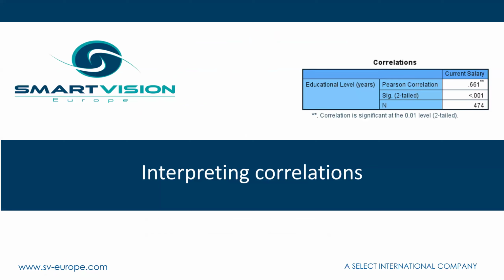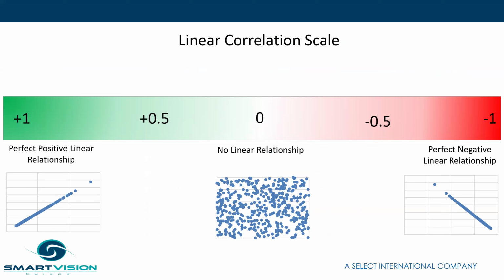Now, when it comes to interpreting correlations, here we're talking about correlation coefficients, the actual correlation number. It's really important to understand that it exists on a scale that runs from +1 to -1, and you can't get numbers outside of that scale. The nature of the correlation calculation means you cannot get a number that exceeds 1, and you can't get a number that's lower than -1.